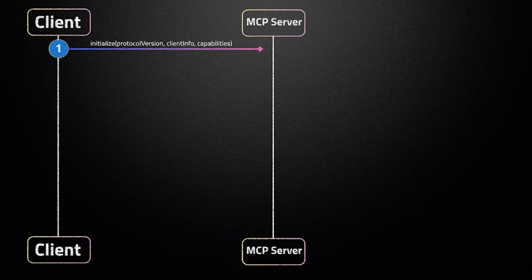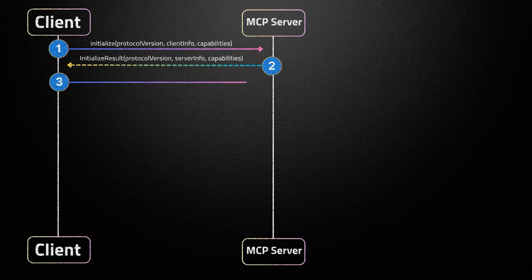And then the server replies with the initialize result, which has the protocol version, the server information, and the capabilities. Now both sides agree on protocol version and which features the server exposes, like which tools, which resources, which prompts, etc. The client then sends a one-way "I'm ready" notification. After this point, the normal operations are allowed.